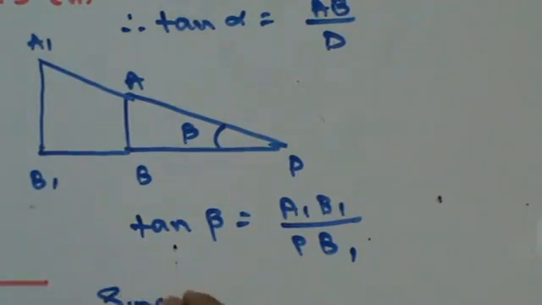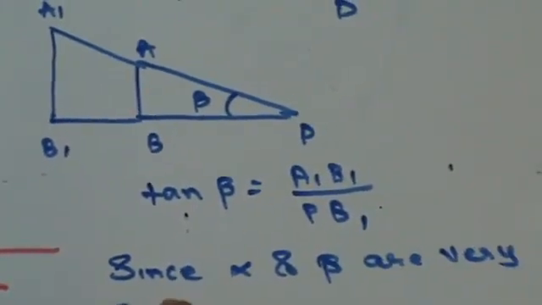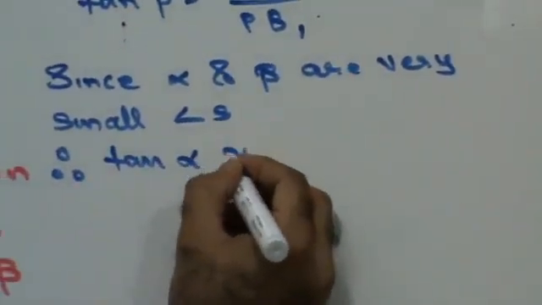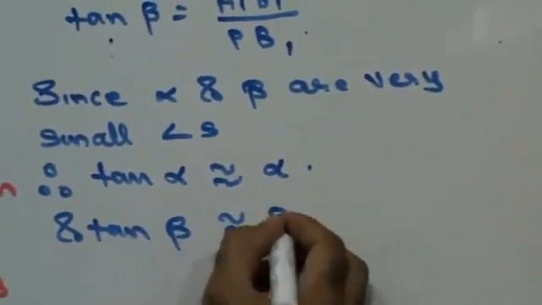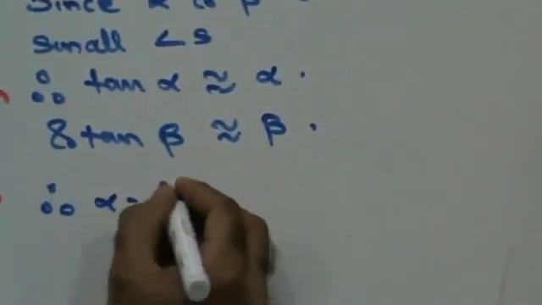Now, since alpha and beta are very small angles, tan alpha is approximately equal to alpha and tan beta is approximately equal to beta. If an angle is very small, then the trigonometrical function of that angle is equal to the angle. Thus, alpha is AB upon D, right?